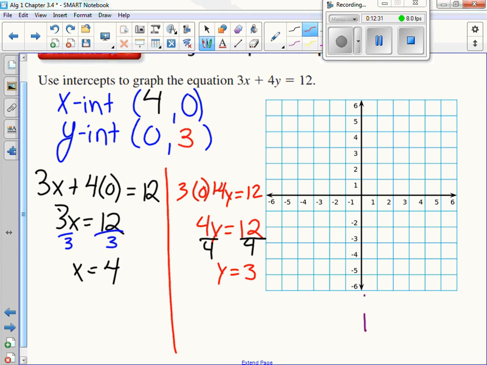So the y-intercept is (0, 3). Do I have 2 points now? So I can plot those points. (4, 0), so I would go over to positive 4 and go up 0. So it'd just be 4 on the x-axis. The y-intercept is (0, 3), so it'd start at 0 and go up to 3.